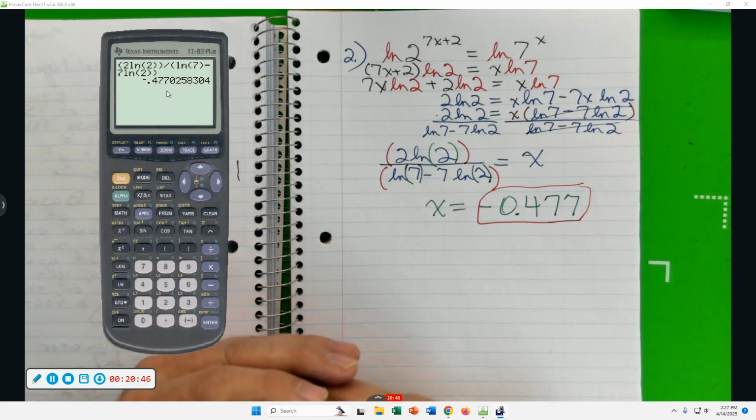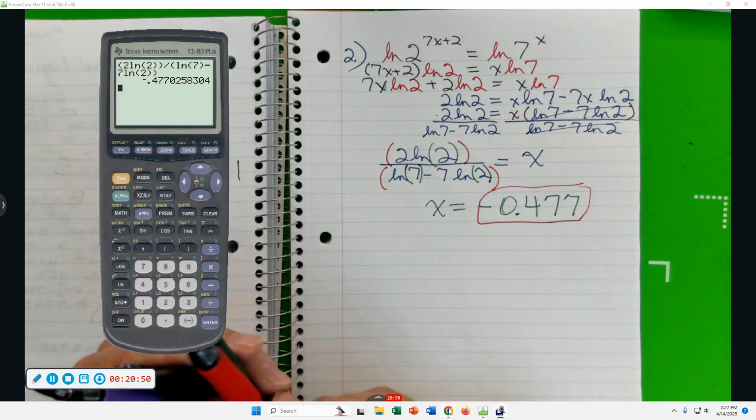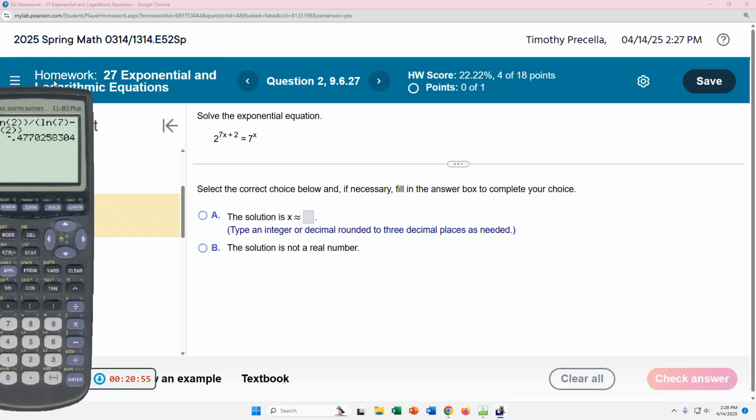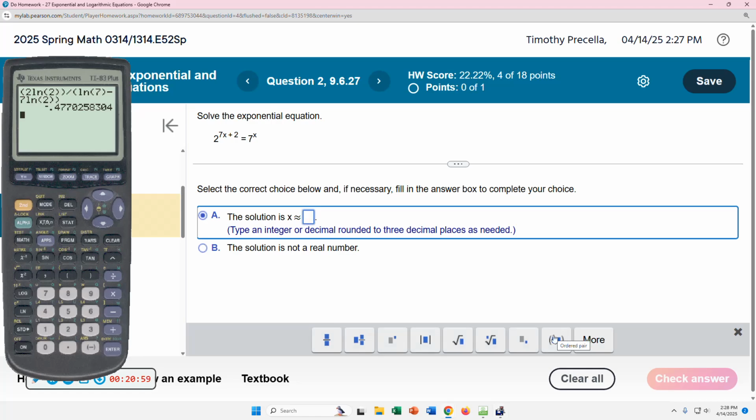It's called truncating. We type in negative 0.477. Negative is, let me move my calculator. Negative 0.477.